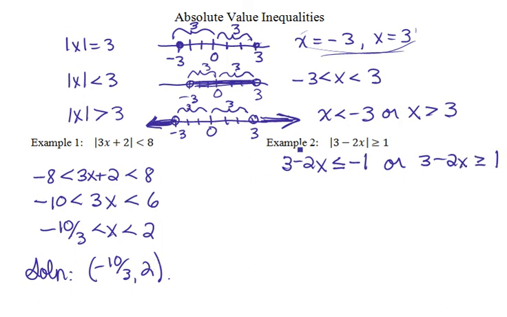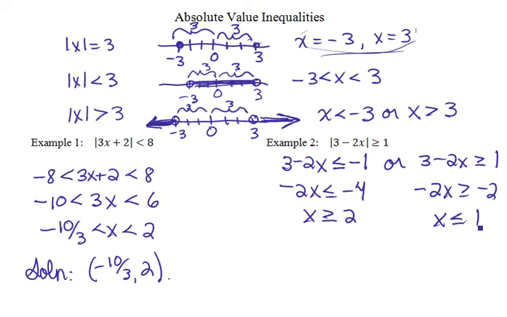Now again, we just solve both of these, so subtract 3 everywhere. Divide by negative 2. Remember, when you divide by a negative, you switch the inequality sign. Again, subtract 3. Divide by negative 2. And we have those two pieces.